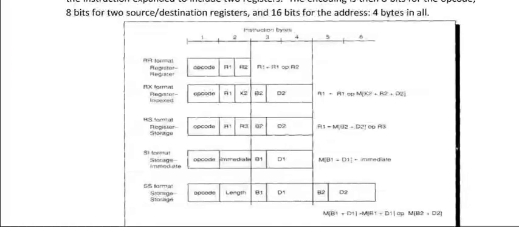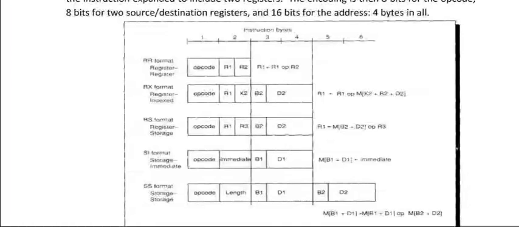And the next type of instruction is the RS format instruction, which is the register to storage instruction. Even this is 4 bytes in length, and the division is such that you don't have an index register. We make use of 2 registers R1 and R3 and also a source and destination, and the division of memory is similar to that of the RX format.